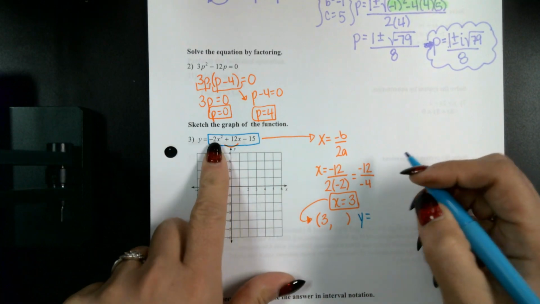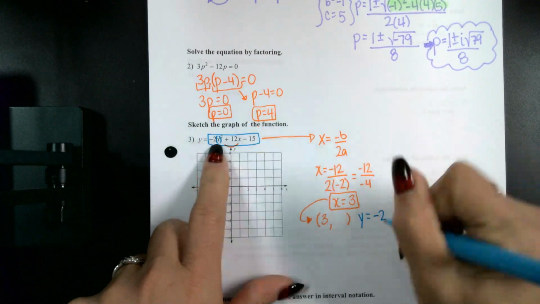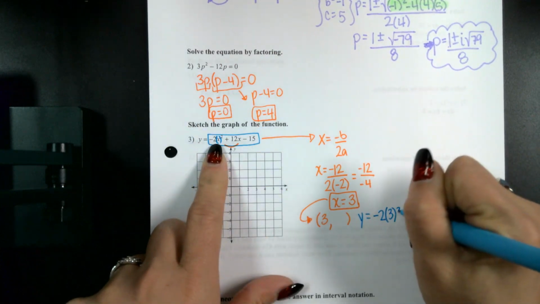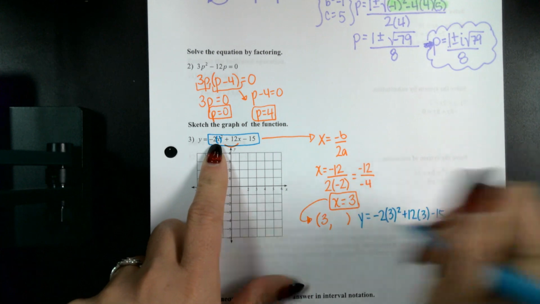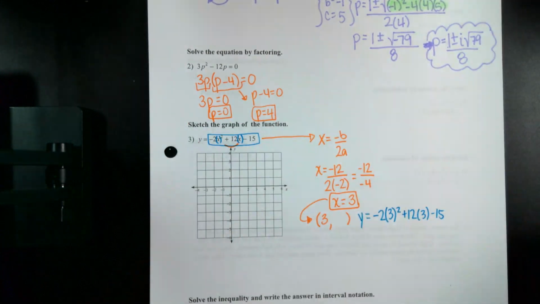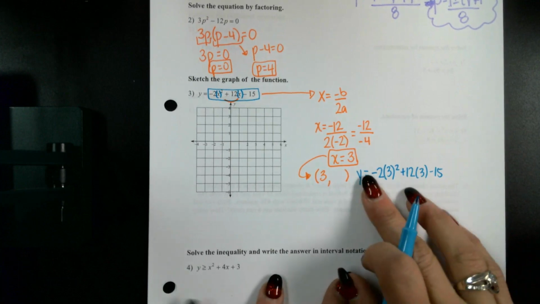We're going to take this function, -2, but then wherever I see the letter x, I'm going to replace it with a 3. So you have an x in 2 different places. I gotta move this over so you guys can see that. There you go. So right here is the work.